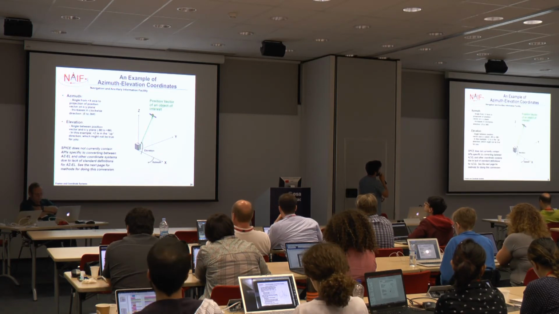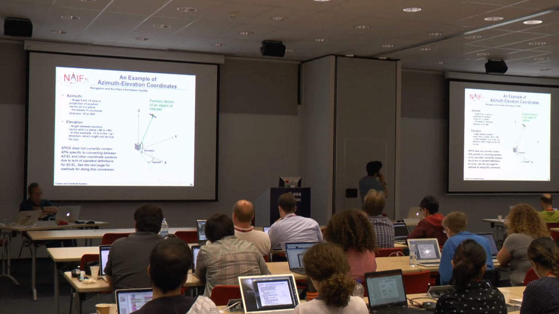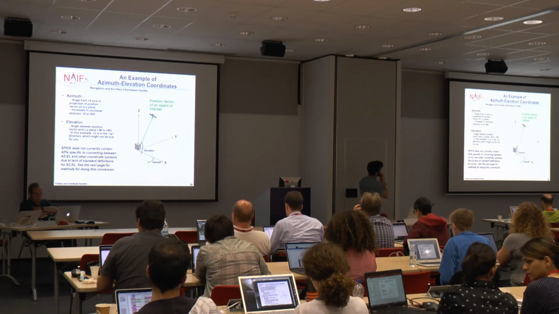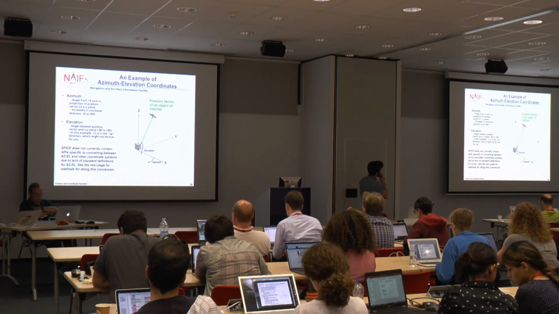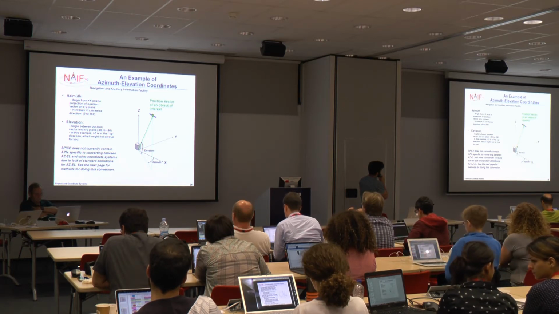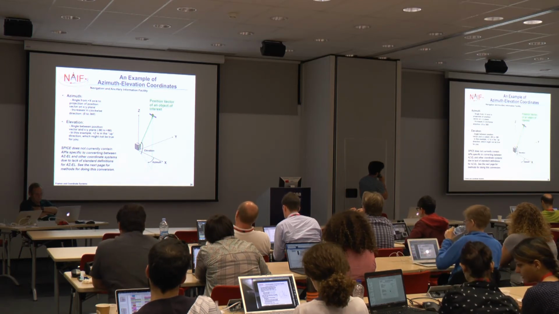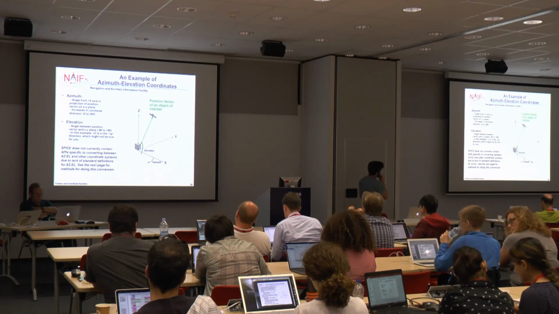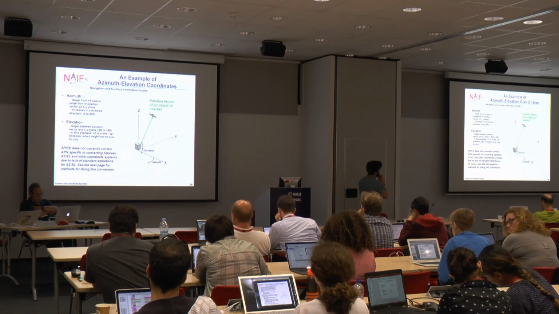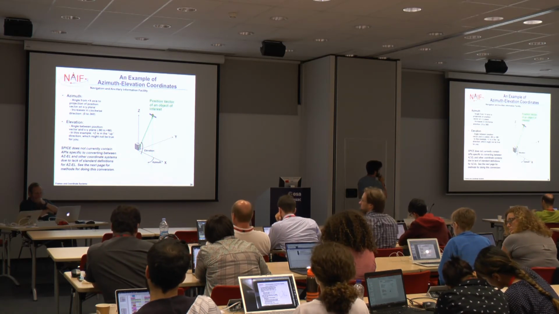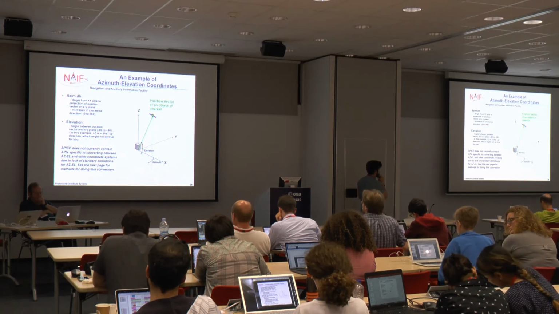Okay. And here's an example of azimuth elevation coordinates. In this case, azimuth is the angle from the x-axis to the projection of the vector on the xy plane, and in this case, it increases clockwise from 0 to 360.